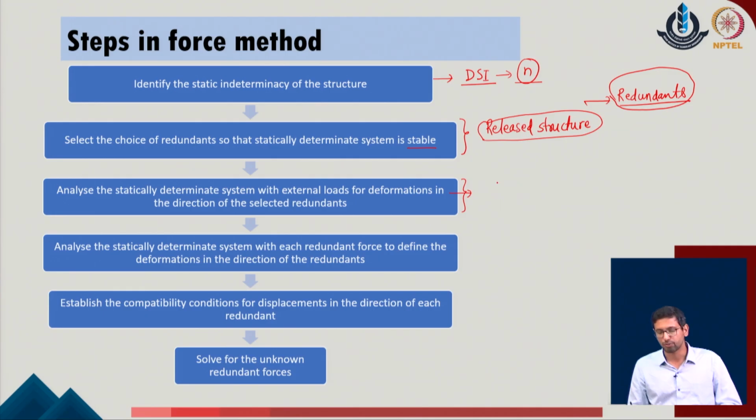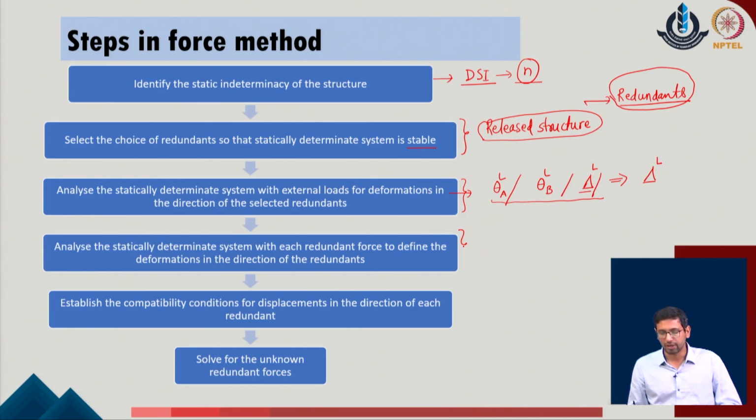This is the contribution because of the loading of the given system. It could be the rotation at the point A, the rotation at the point B, or the deflection if the deflection happens to be in the direction of some forces which are considered to be redundant. Accordingly, these values will be evaluated and we typically label them as the deformation due to the external load.